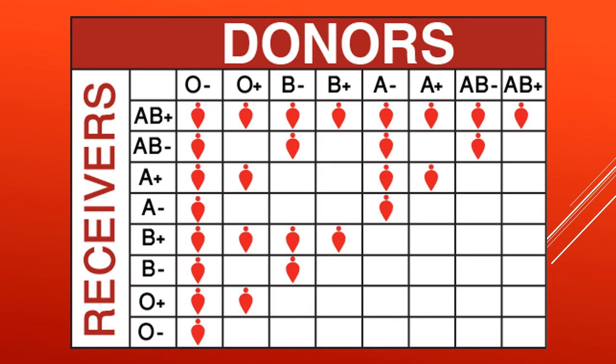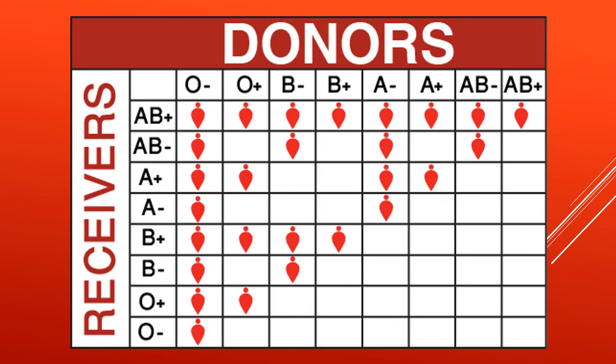If you look at O, the receiver for O, who can O receive? The only one that can receive is O negative. If you look at the donors, going across, AB can receive from every single one, going across the top horizontally.